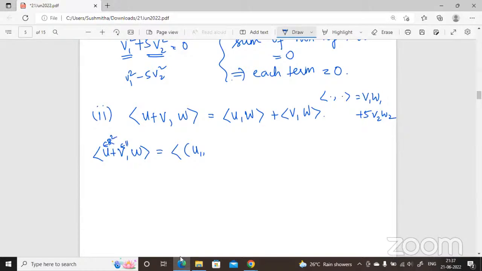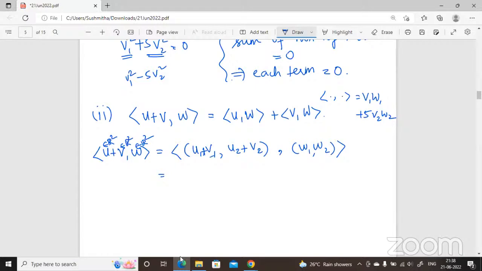U is in R2, V is in R2, W is in R2. So U1 plus V1 comma U2 plus V2. This vector, inner product with W1, W2, right? Ma'am, how can you expand this? I cannot relate.